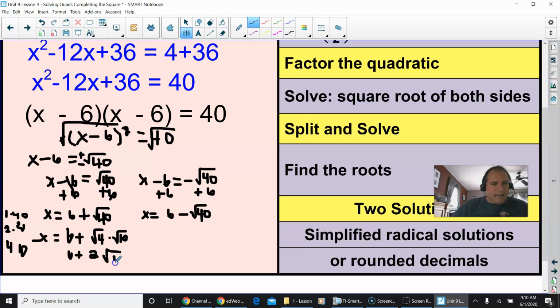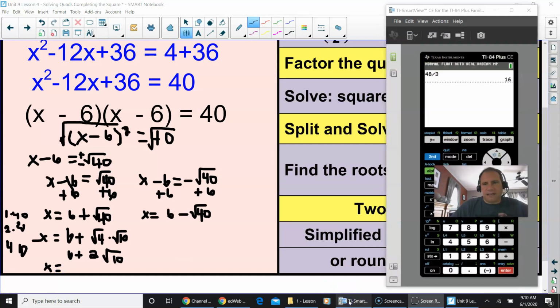You cannot add that 2 and 6 together, because this 2 is being multiplied. This is 2 times square root of 10. So you can't just put 6 plus 2 together. It's like order of operations. So we have x equals 6 plus 2 radical 10.